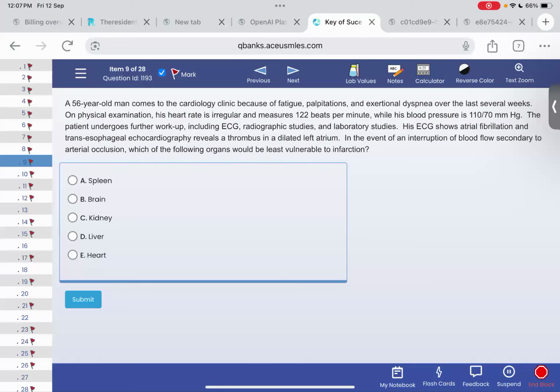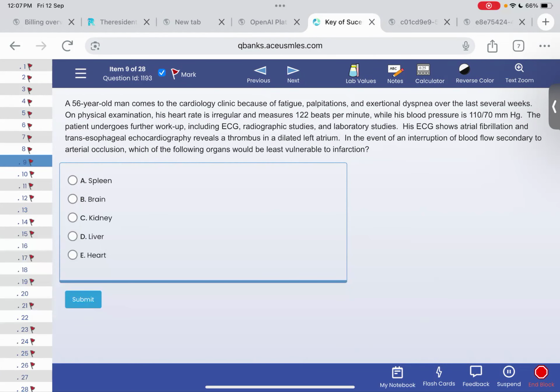The patient undergoes further workup, including ECG, radiographic studies, and laboratory studies. His ECG shows atrial fibrillation, and transesophageal echocardiography reveals a thrombus in the dilated left atrium. In the event of interruption of blood flow secondary to arterial occlusion, which of the following organs would be the least vulnerable to infarction?